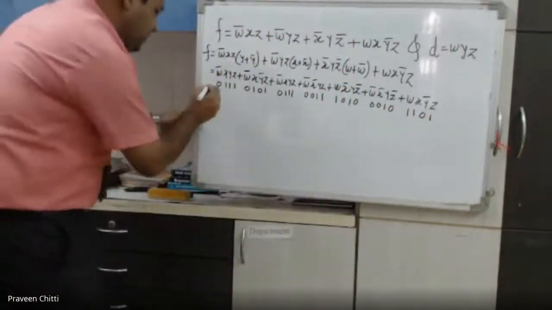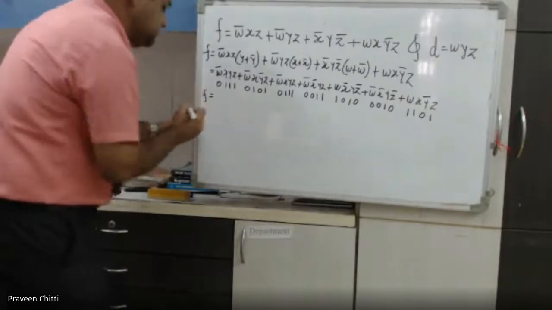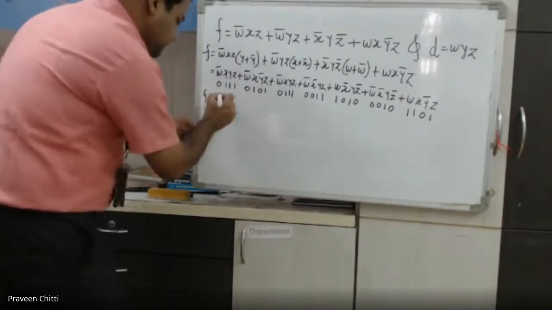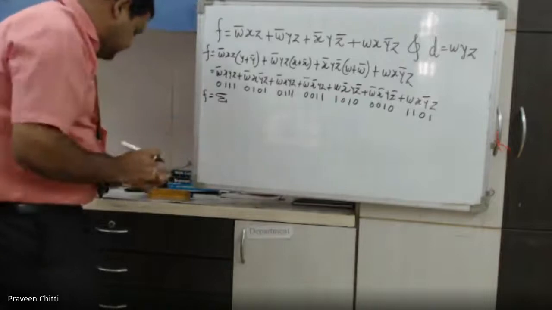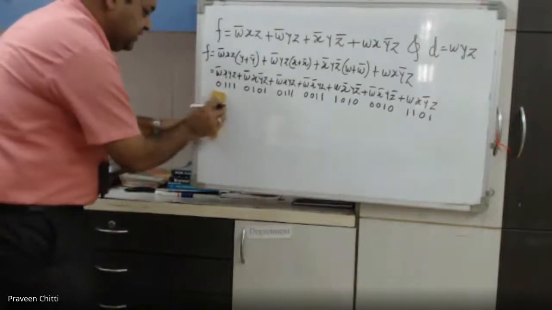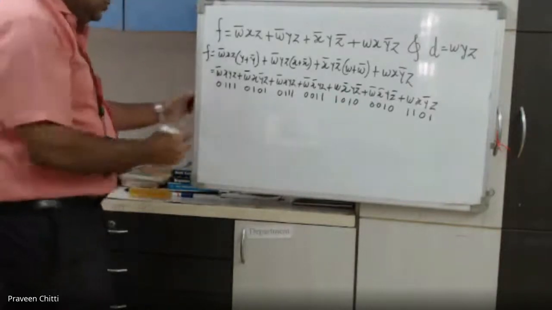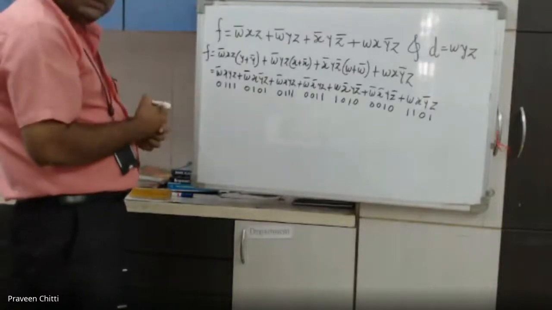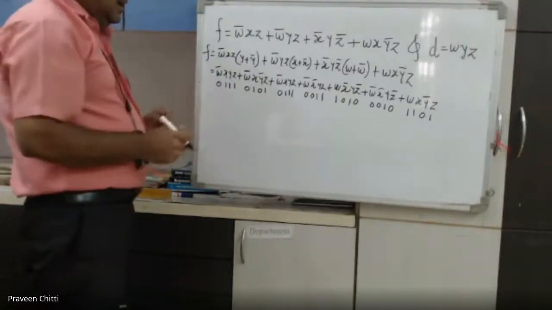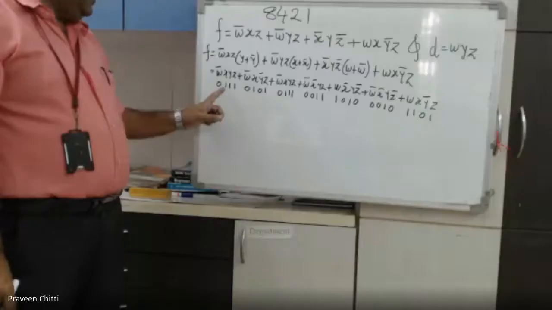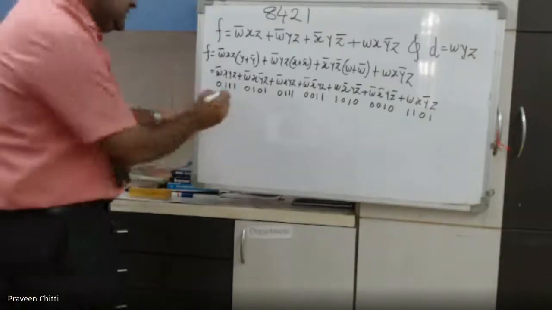So finally this can be written as F equal to sigma m. Before that I will write the decimal equivalents. 0 1 1 1 is 7; remember 8 4 2 1, 4 plus 2 plus 1 is 7. This is 5.